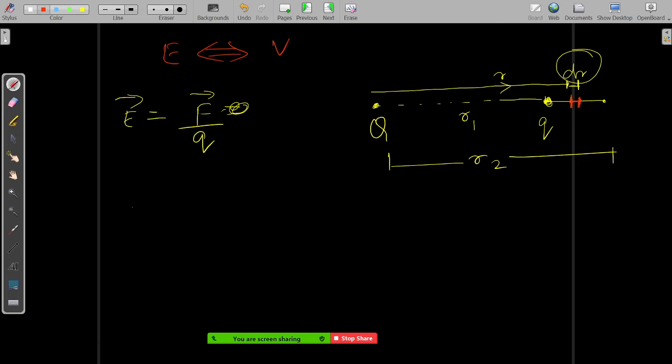So what will be the small work done when the charge is moved a distance dr? Whatever the force is acting at that particular point into the dr displacement, correct?